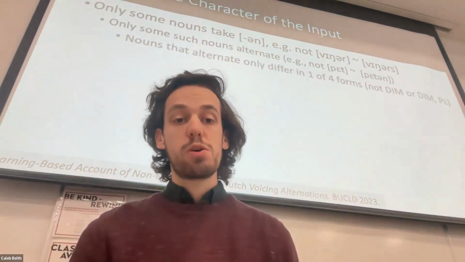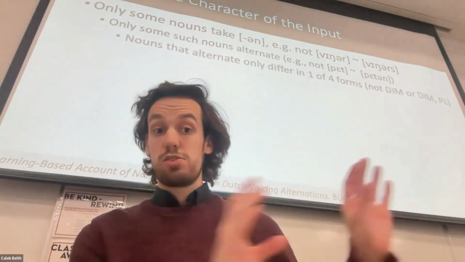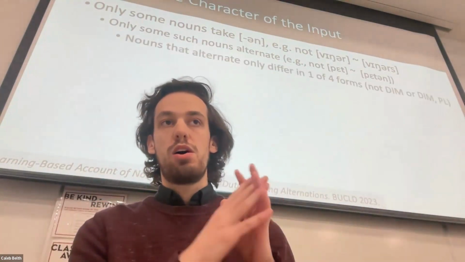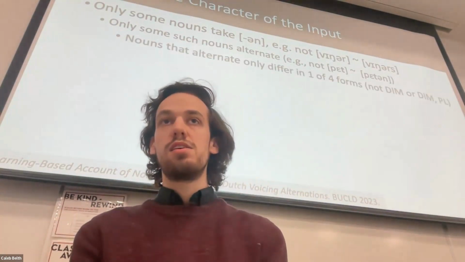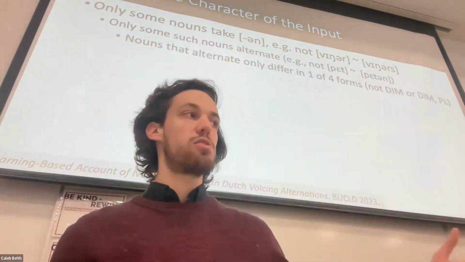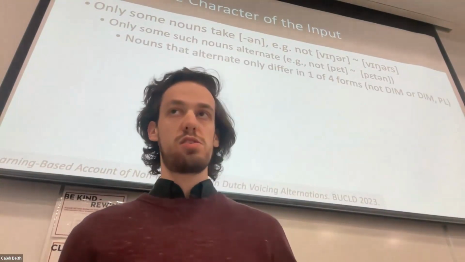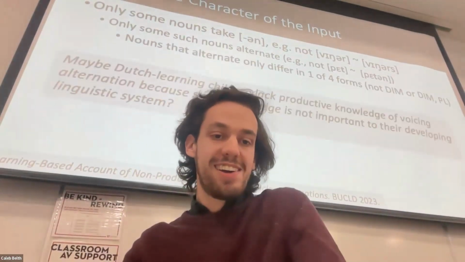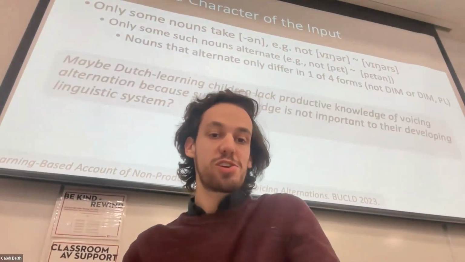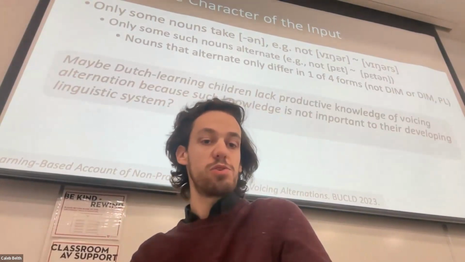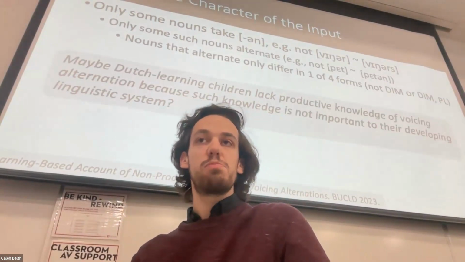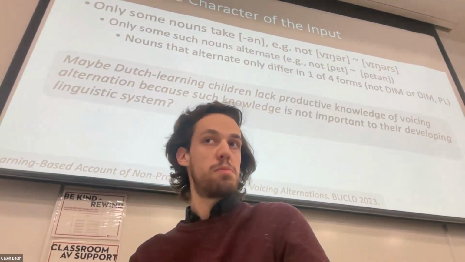And then of the forms that do alternate in the adult language, you have to have seen the non-diminutive plural and some other form to even see evidence of the alternation. All right, so maybe the idea is that Dutch learning children lack productive knowledge of this voicing alternation because it's just not a very important part of their developing linguistic system.